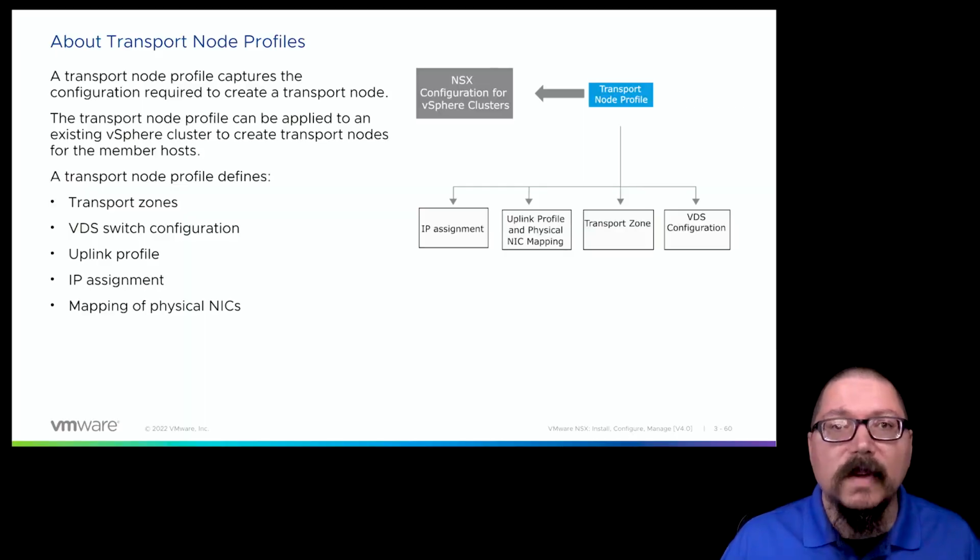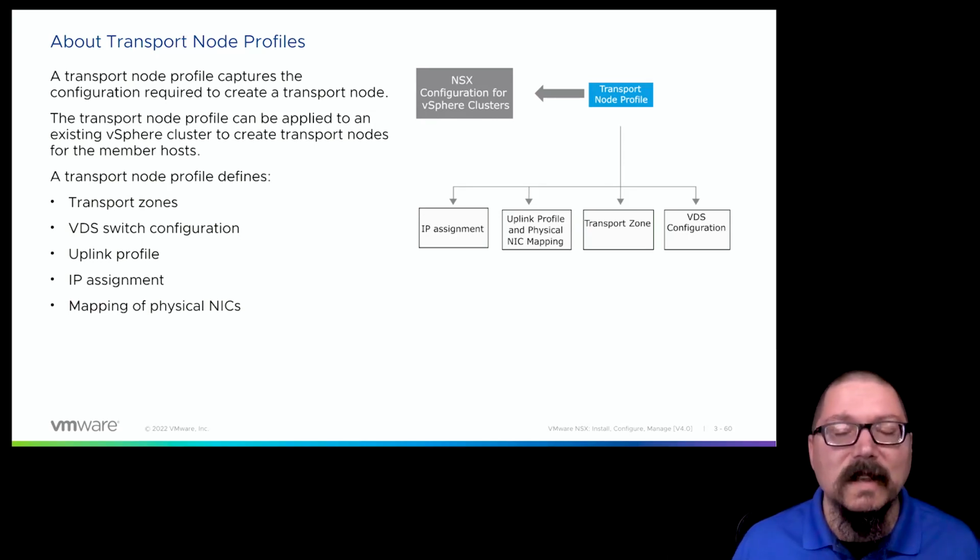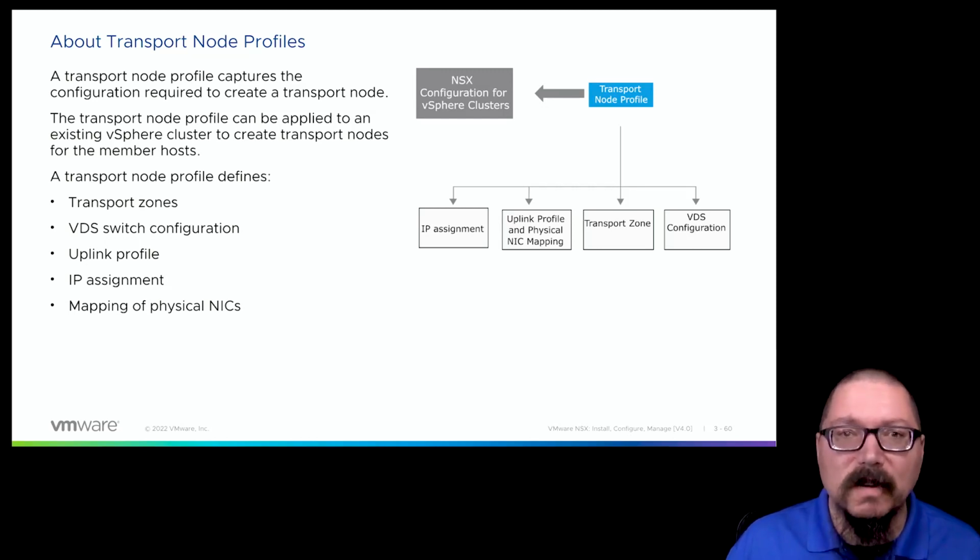Now, I can create individual transport nodes. I can define individual transport nodes. But if I've got clusters of hypervisors in vCenter, I probably don't want to build those out one at a time. I probably want to build out a cluster at a time. I want to prepare cluster 1 for NSX and then prepare cluster 2 for NSX and so on. And I'm going to do that not with individual uplink profiles, but with what we call a transport node profile.